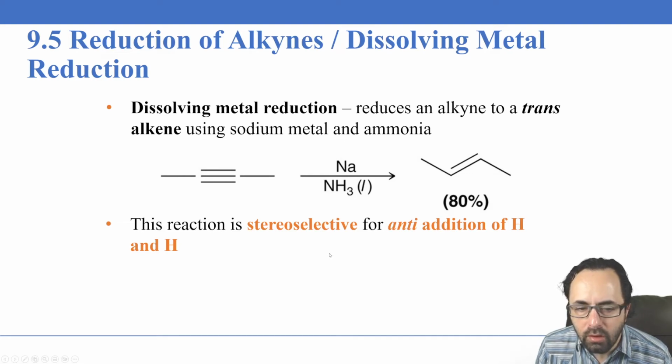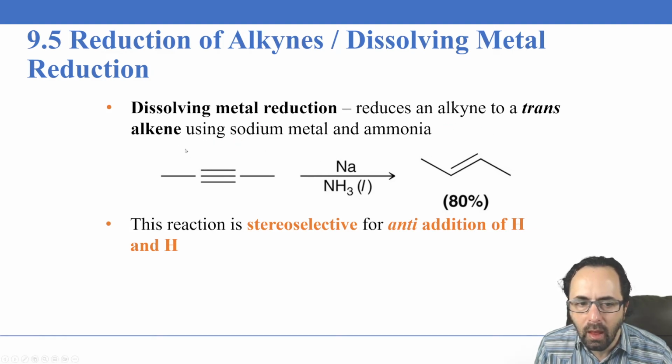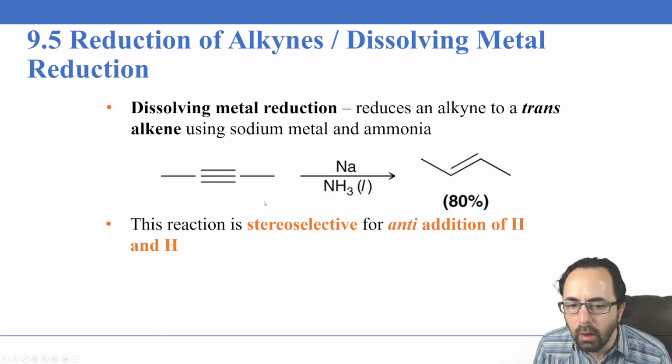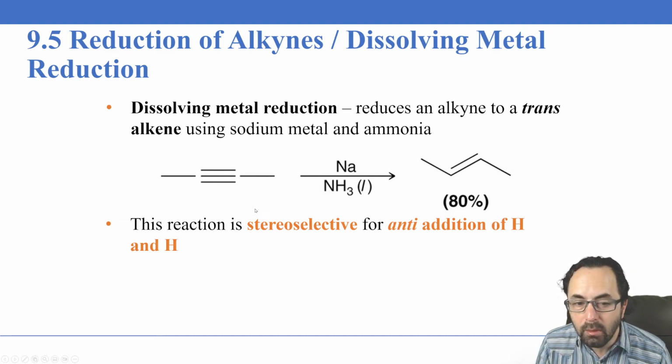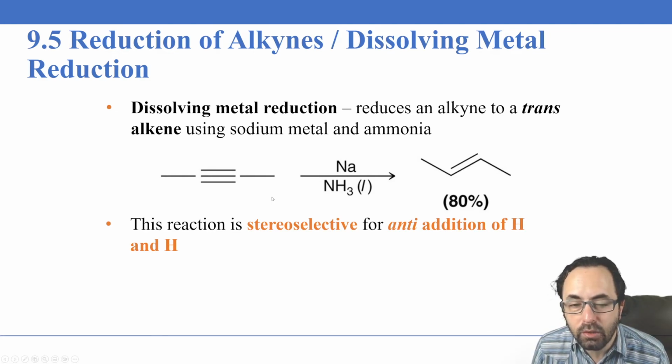The trans addition will have to go through a different mechanism, and the reagent and the kind of reaction that's used for that is referred to as a dissolved metal reduction. This reduces the alkyne to a trans alkene instead of a cis alkene. And this proceeds through a radical reaction mechanism. We're going to be discussing radicals in the next chapter.